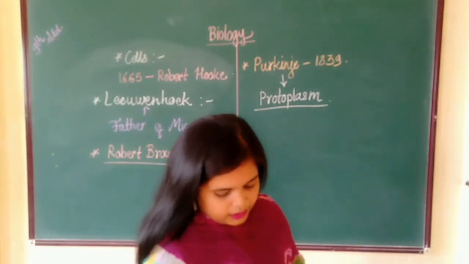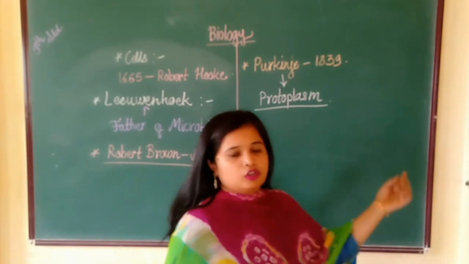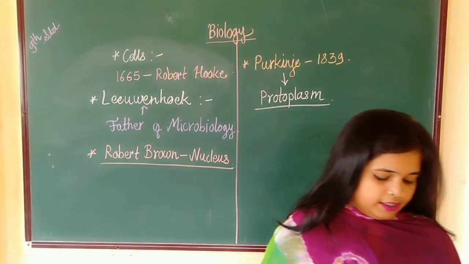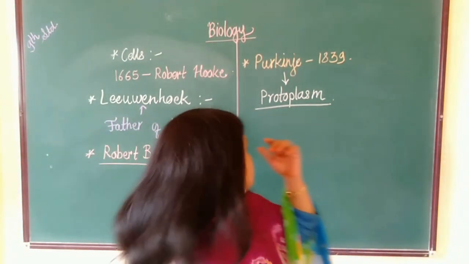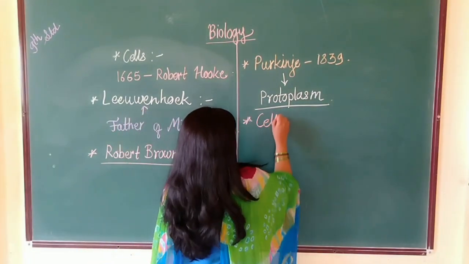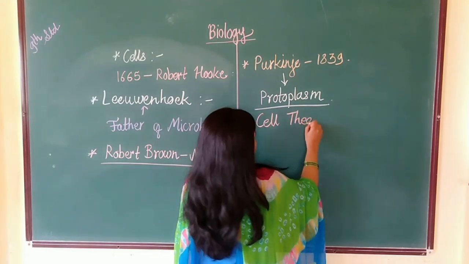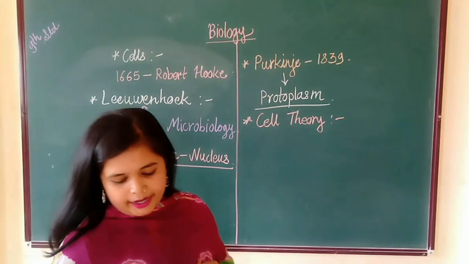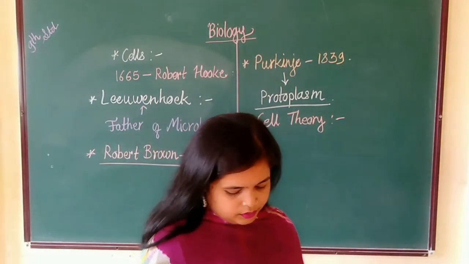The cell theory was given by two scientists, Schleiden and Schwann. Now what are the key postulates of the cell theory?